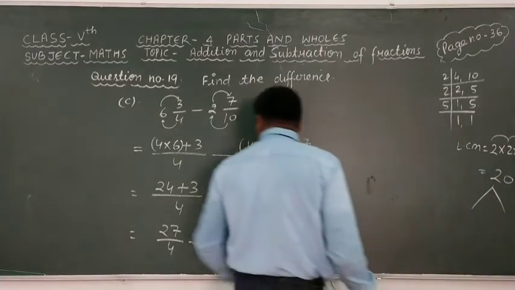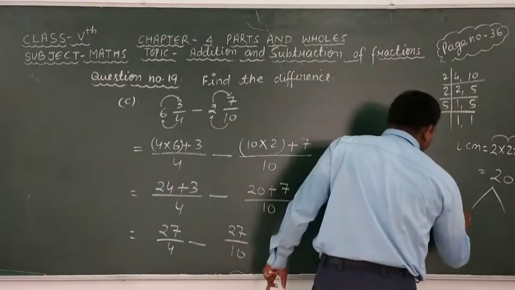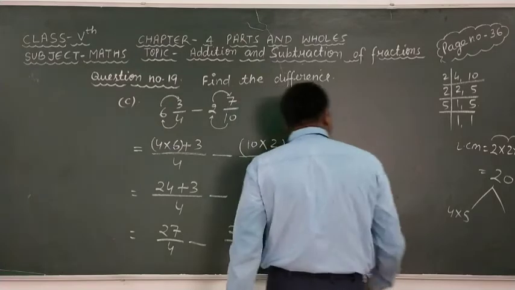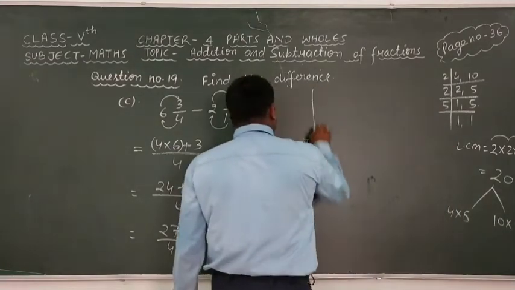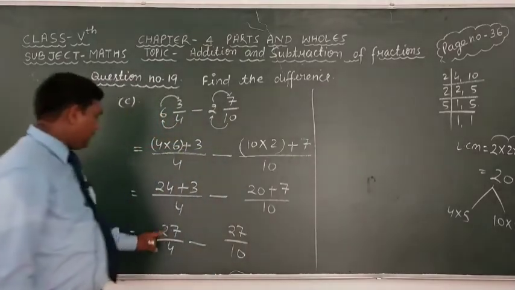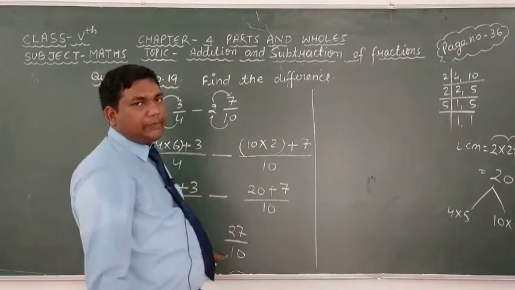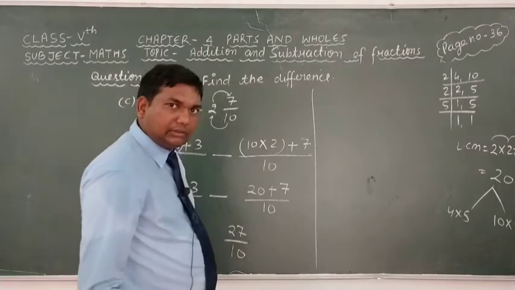We know that here 4 5 is 20, 4 into 5, and 10 2 is 20, 10 into 2. Okay, therefore in this fraction we have to take the multiplication by 5 and in this fraction we have to take the multiplication by 2 for getting the same denominator.